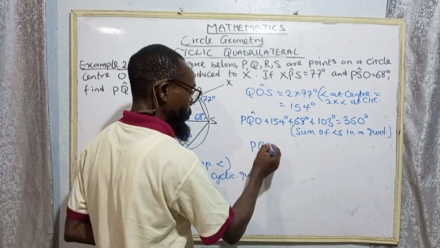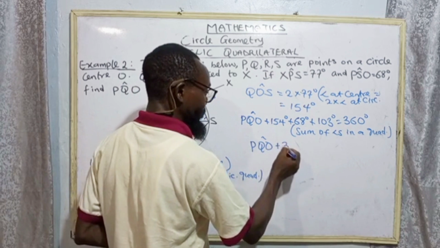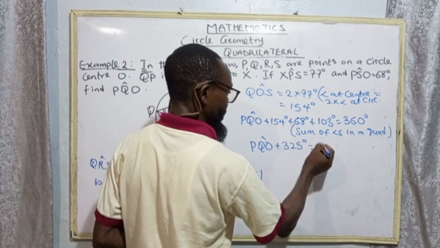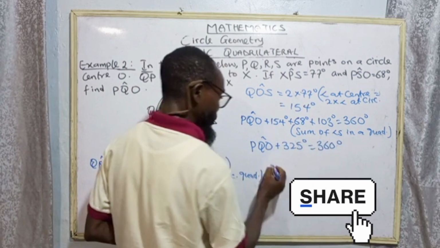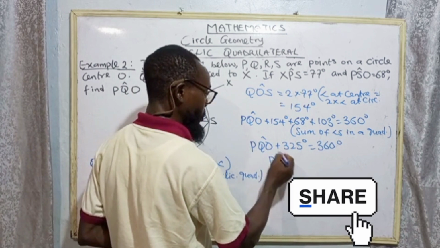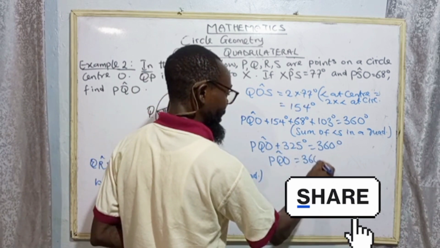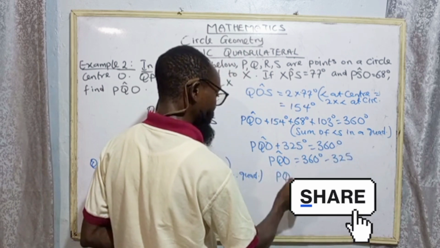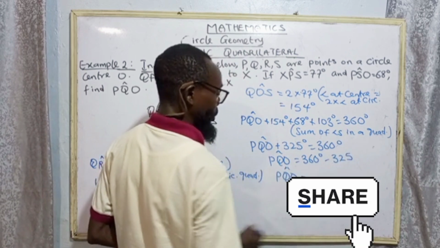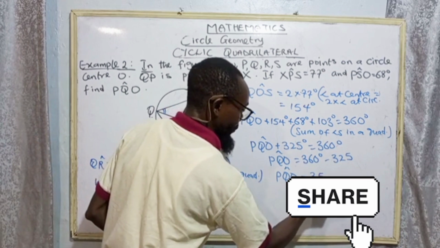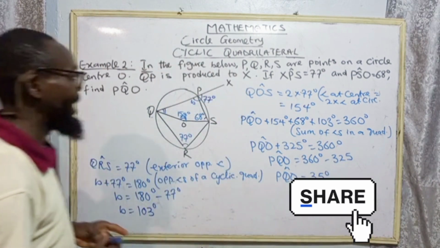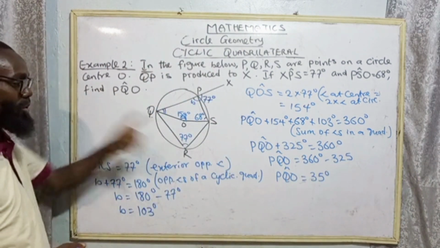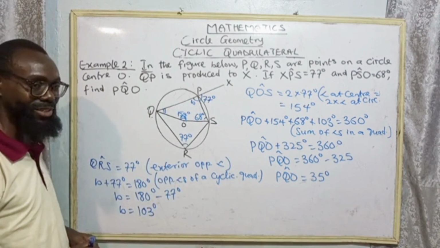Angle PQO plus 325 degrees equals 360 degrees. So angle PQO equals 360 degrees minus 325 degrees, which is 35 degrees. So our angle PQO equals 35 degrees.